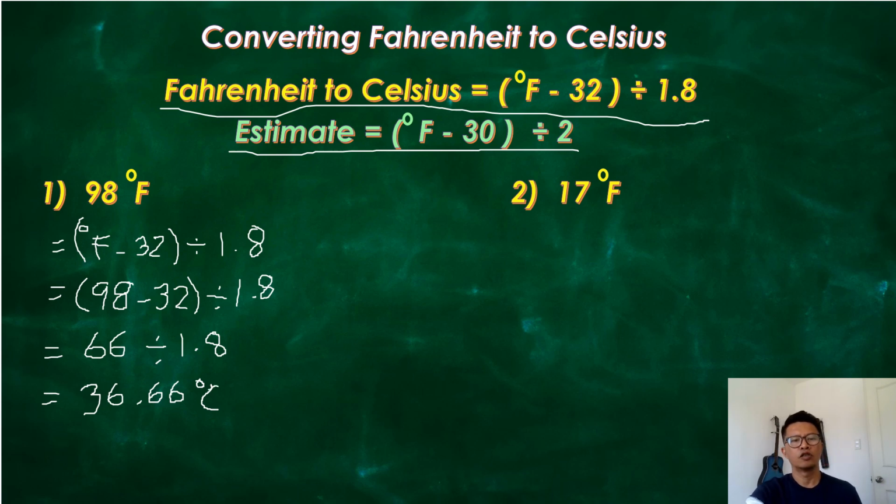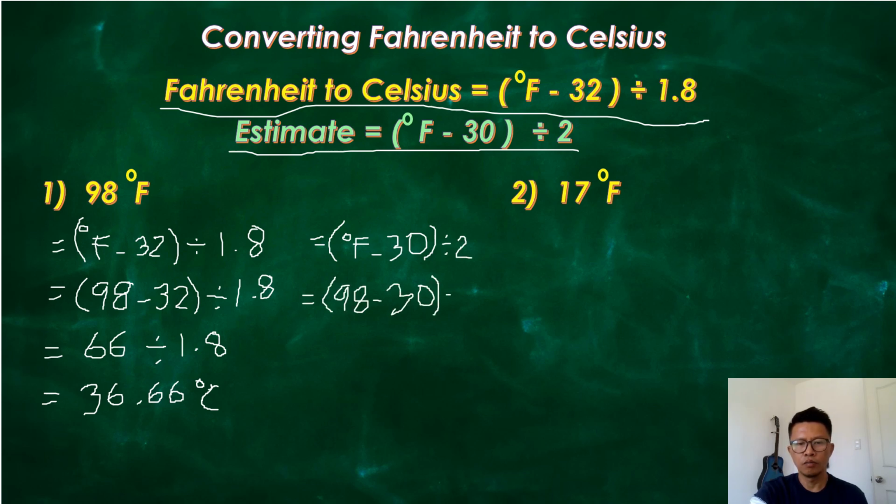Alright. In estimation, we have degree Fahrenheit minus 30 divided by 2. Okay, that is equal to 98 minus 30 divided by 2. And 98 minus 30, that will give us an answer of 68 and then divided by 2.